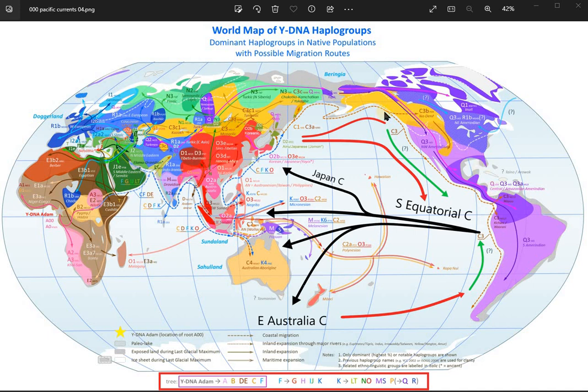C is a descendant from Q, so if you join them, then Q has a much bigger extension, and then you see that Q is next to C. So Q and C, this is also C, Australia, occupy an important part of the world.